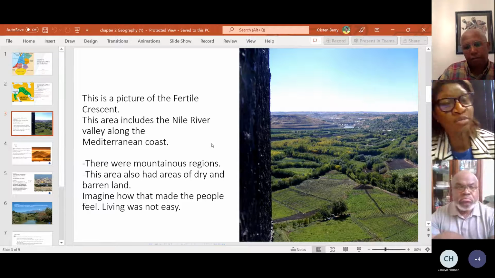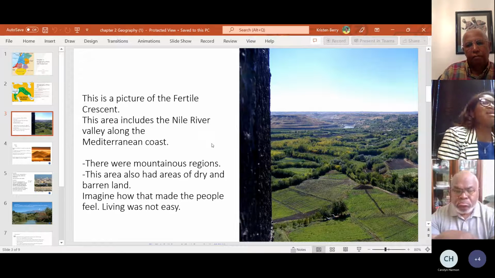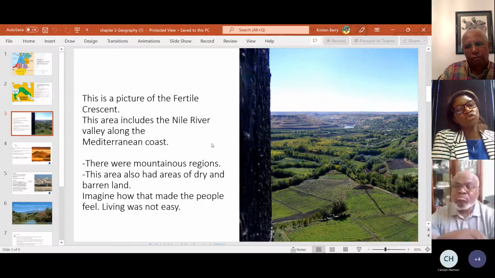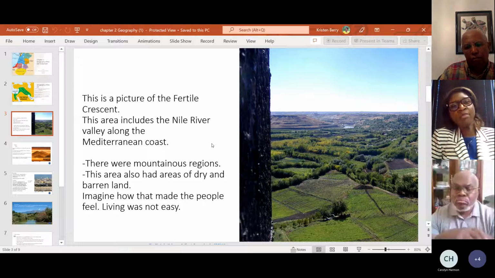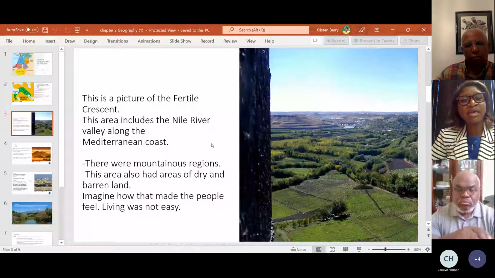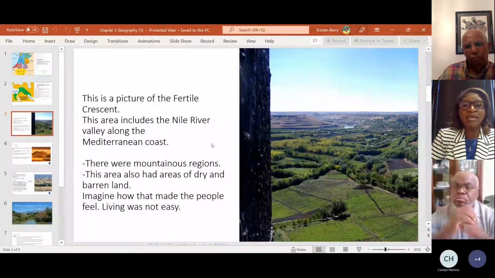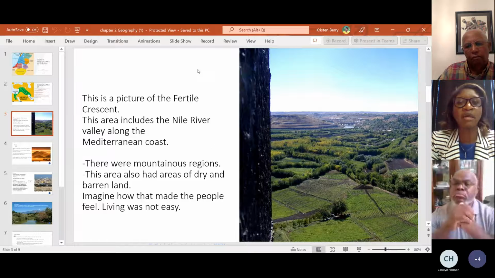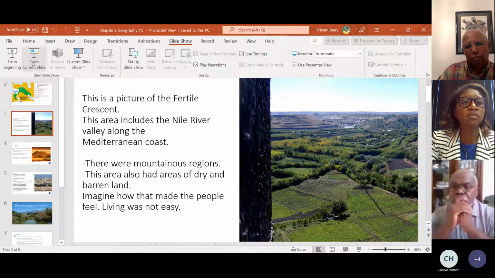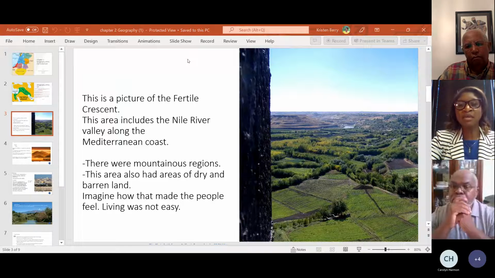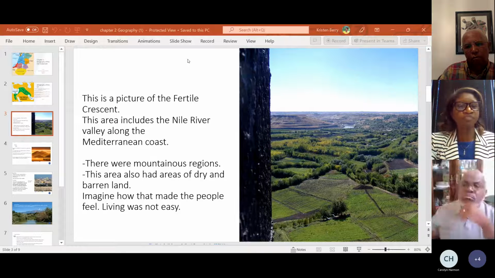And think about these vessels. I'm sure they weren't great vessels, but they were the best they could use. All right, let's use a picture here. I want you to look at the right-hand side of the screen. Isn't this beautiful?